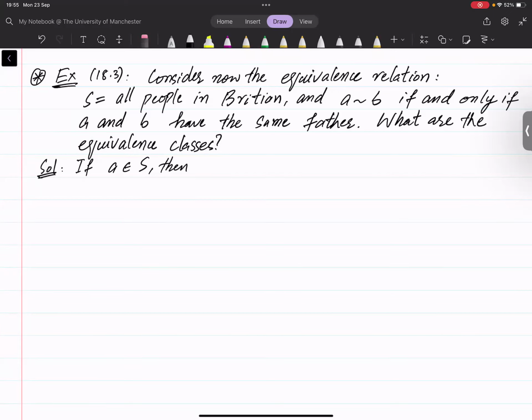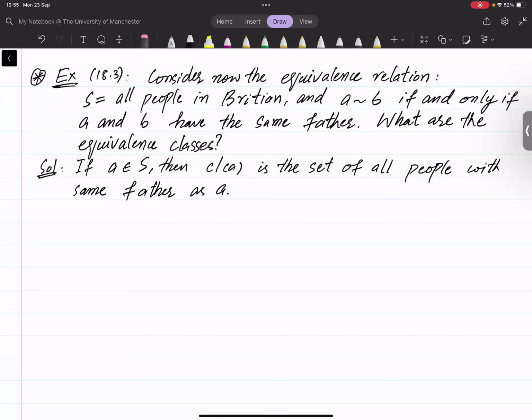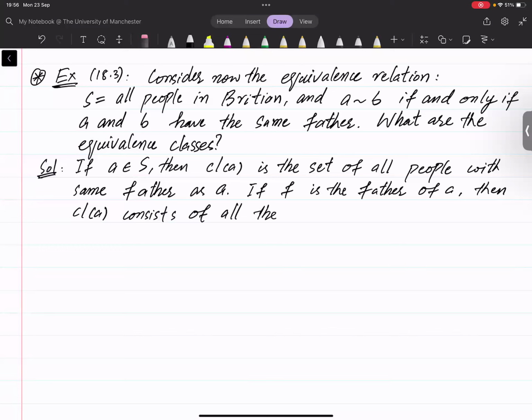Then the equivalence class for that British person is the set of all people with the same father as A. So in other words, if F is the father of A, then the equivalence class for A consists of all the children of F.